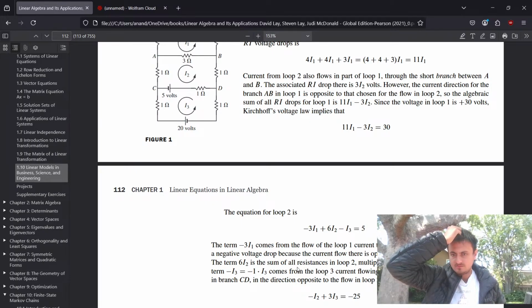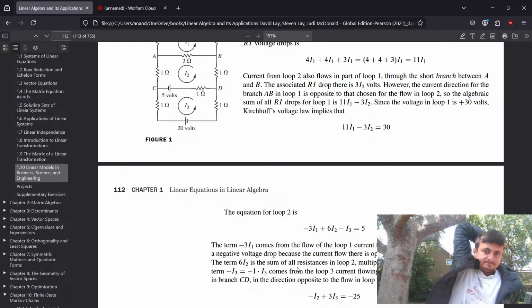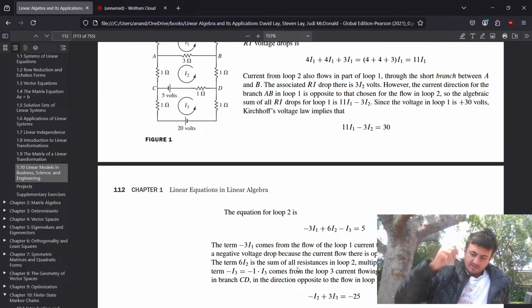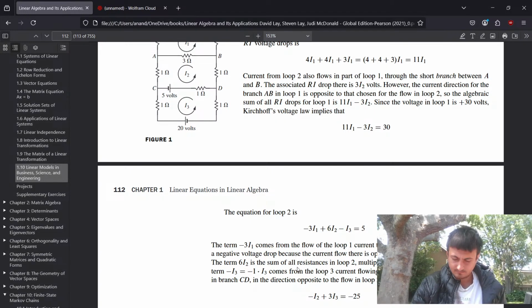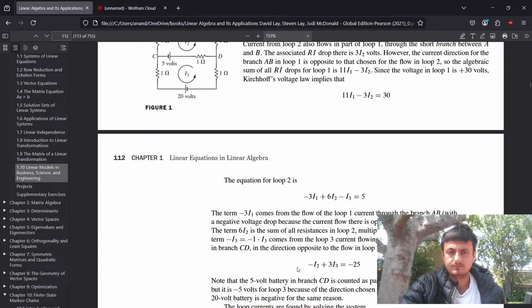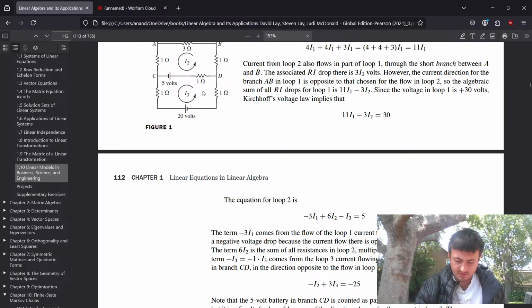That's so confusing. But okay. So then I3, we're going to get 20 is equal to 3I3 minus I2.